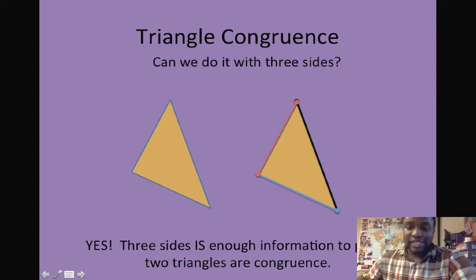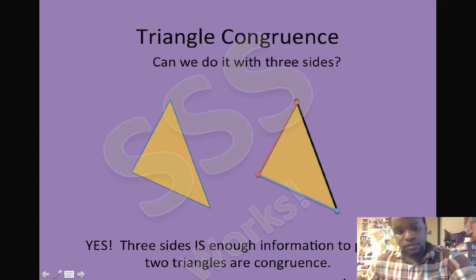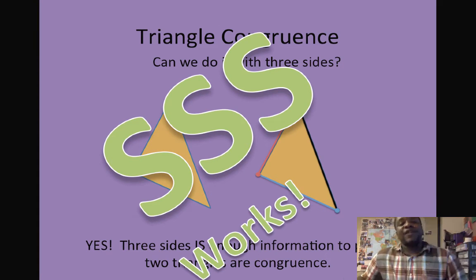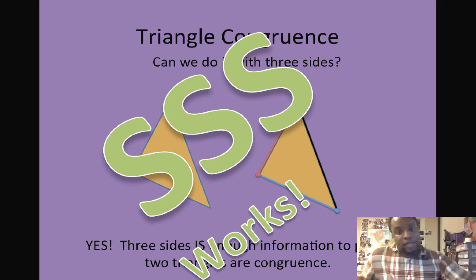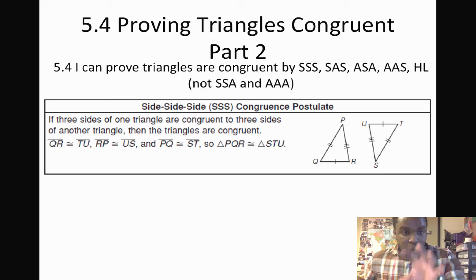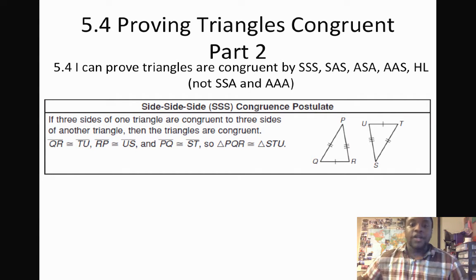Over here, it says prove. So SSS works. That was the very first one that you did in the 5.3 application, and yes, side does work. So this is the first one that you're going to fill out. If 3 sides of one triangle are congruent to 3 sides of another triangle, then the triangles are congruent.